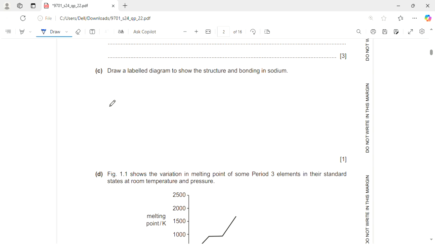This says to draw a labelled diagram to show the structure and bonding in sodium.